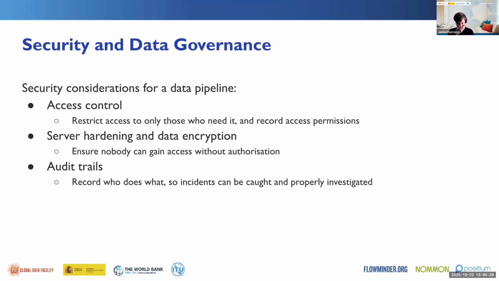So this means restricting access to the system to only those who really need it. And we need to keep a record of what access permissions are required so that we can audit that, make sure over time we keep track of who's got access to what.